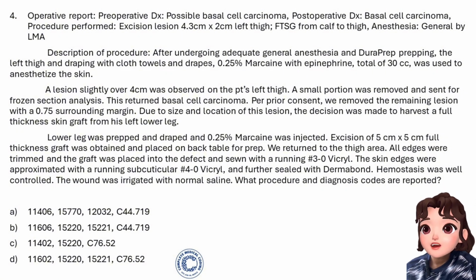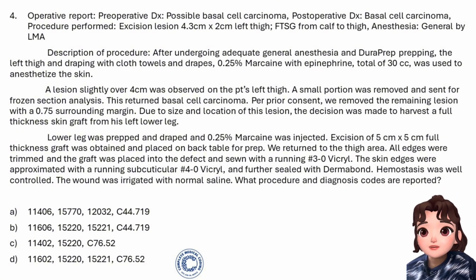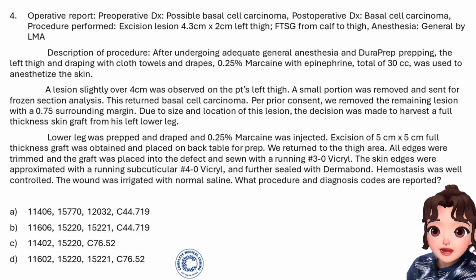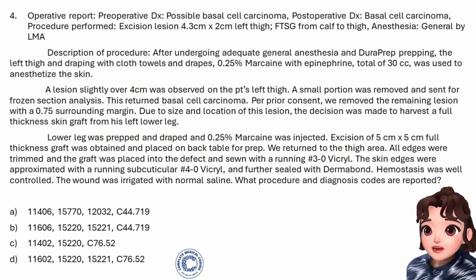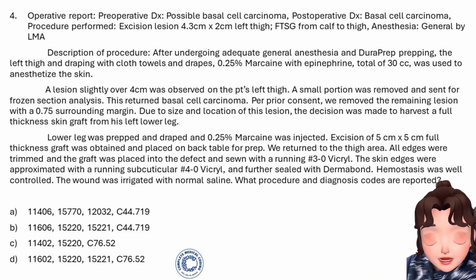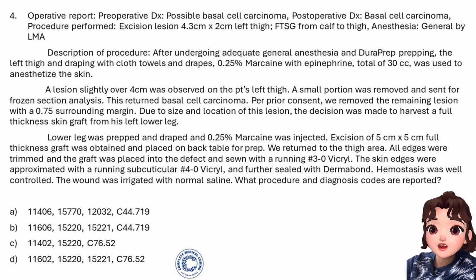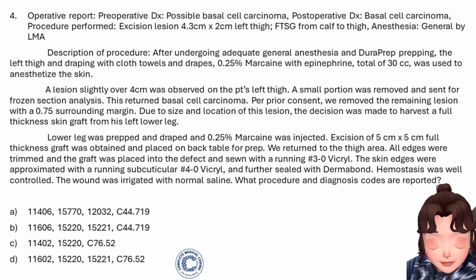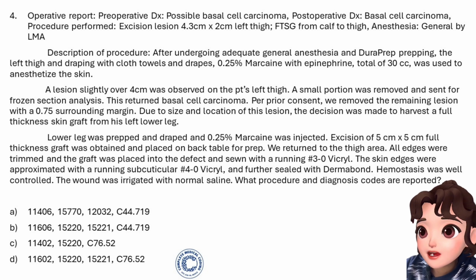Okay, go to the first option. What is CPT 11406? Just take the first code, 11406. 11406 represents excision of benign lesion including margins except skin tag, trunk, arms or legs, excised diameter over 4 cm.